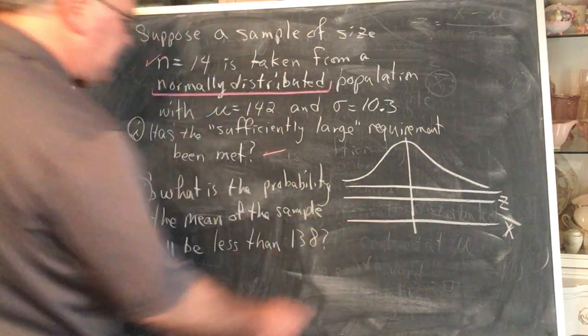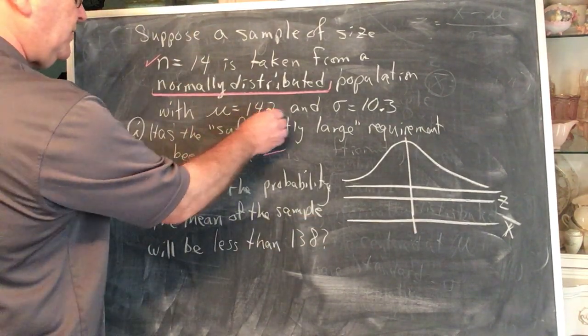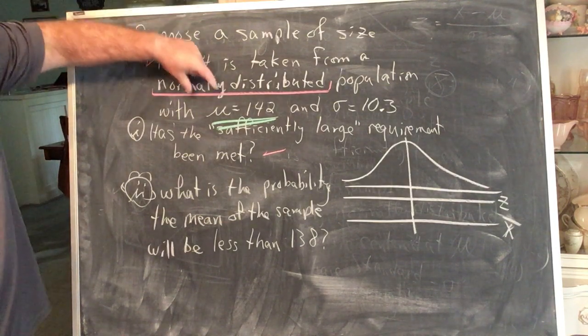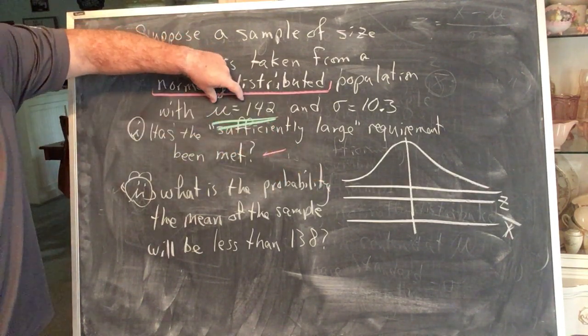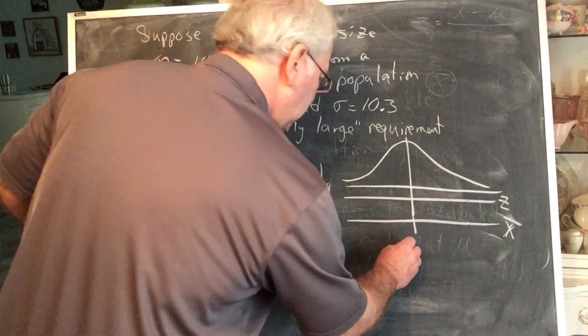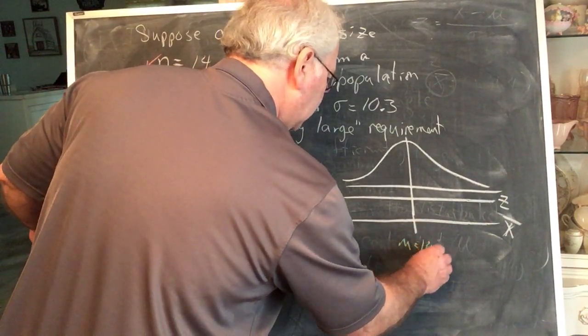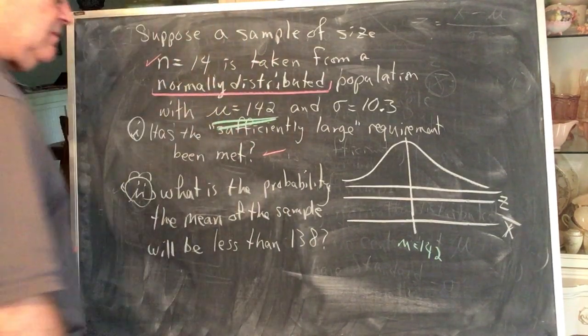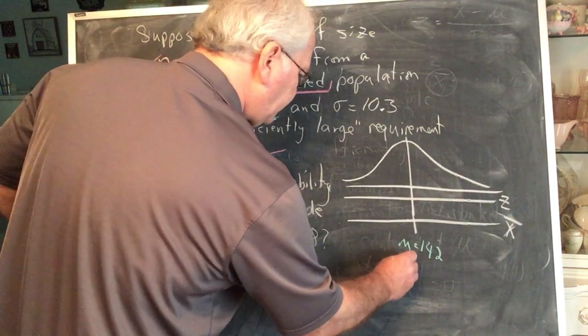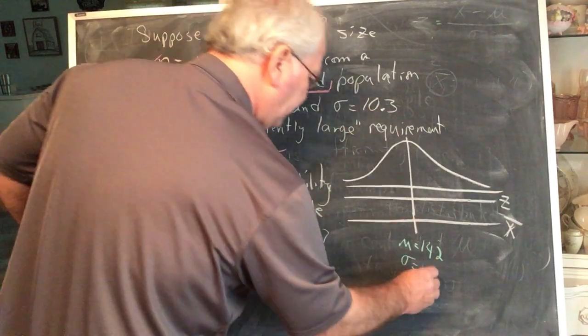The normal curve is centered at 142, because the central limit theorem says that the sample means, the x-bars, are centered at the same place the raw data is centered. So this is centered at mu equal 142. And the standard deviation is given, 10.3.